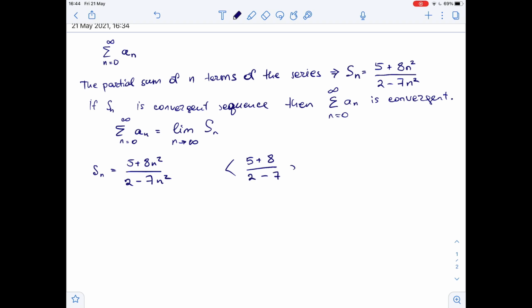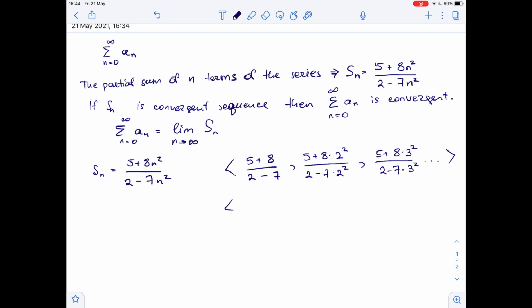The second term would be (5 plus 8 times 2 squared) over (2 minus 7 times 2 squared). The third term would be (5 plus 8 times 3 squared) over (2 minus 7 times 3 squared). Well, let's calculate these terms.